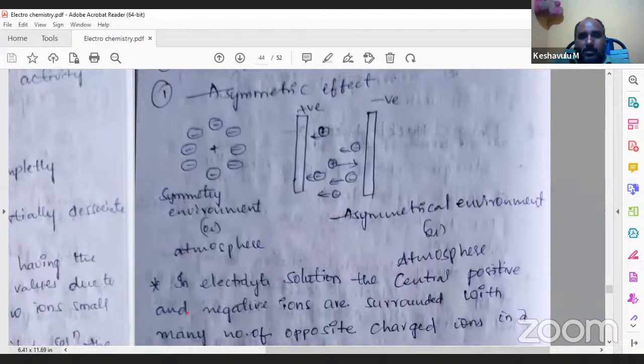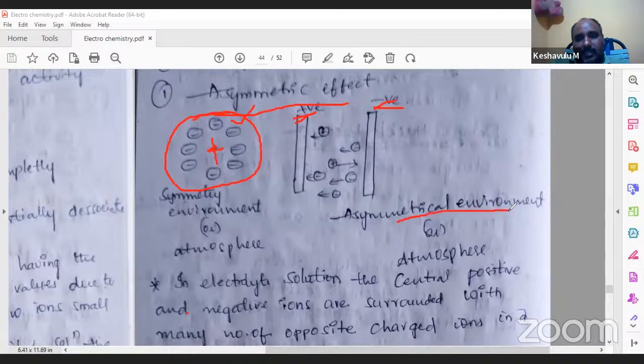Okay, so this is the asymmetric effect, right? Simply, say this is the positive ion. This positive ion is surrounded with many negative ions in a symmetrical environment or symmetrical atmosphere. When we apply an electric field, this symmetrical manner disappears.